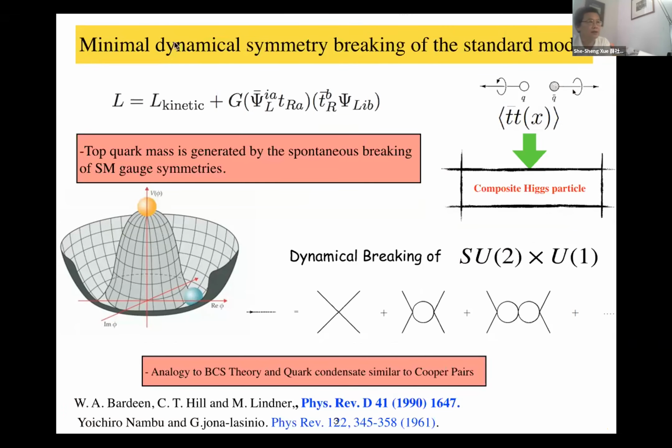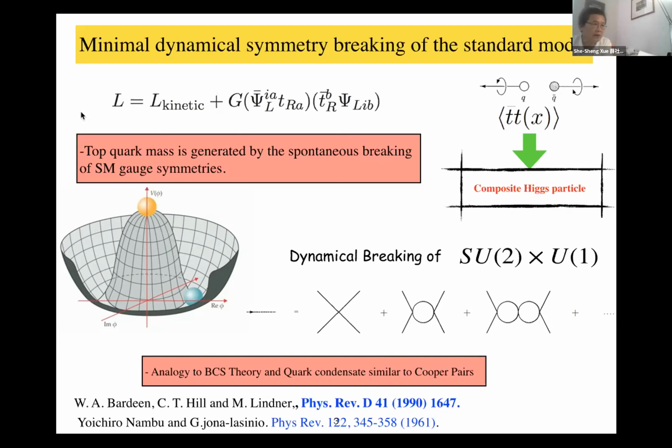In the UV, there must be some new physics beyond the standard model, for example due to quantum gravity. At that UV level, all the fermions, from the top quark to the sterile neutrino or neutrino, have to behave the same. So this new physics should introduce an effective new interaction like the Nambu-Jona-Lasinio four-fermion interaction.